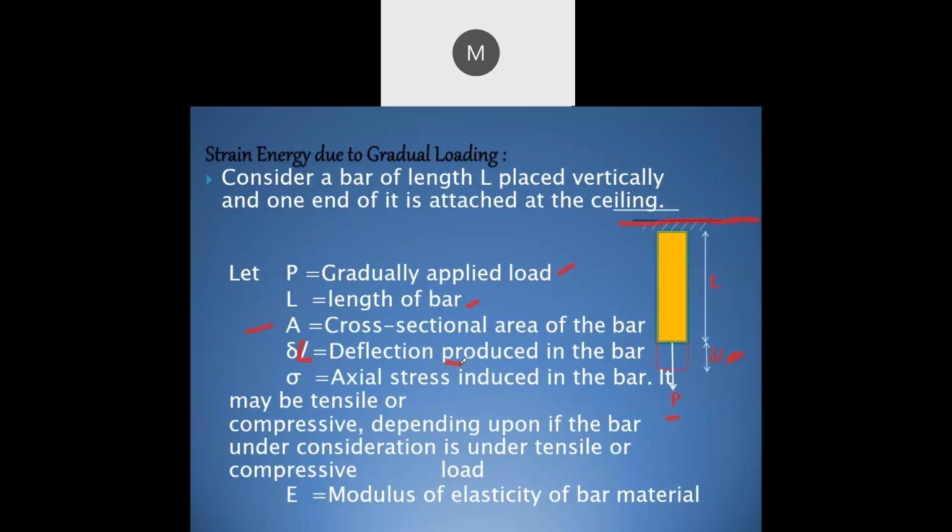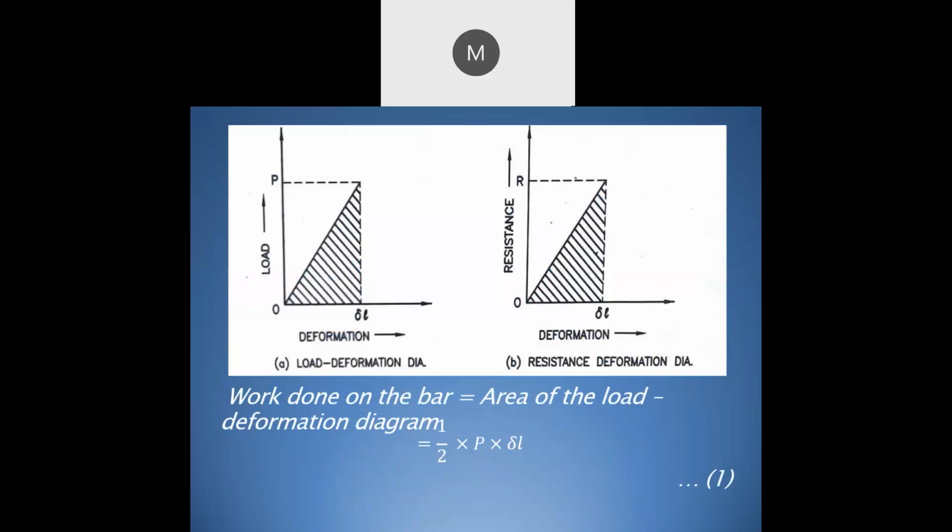That means the stress applied may be tensile stress or compressive stress. E is the modulus of elasticity or Young's modulus. Now, the work done on the bar is equal to the area of the load deformation diagram.